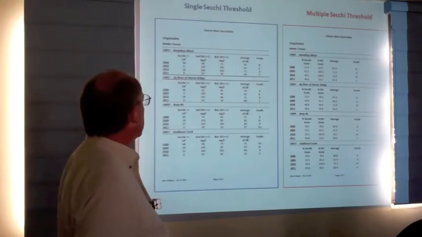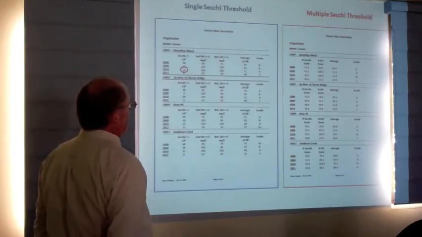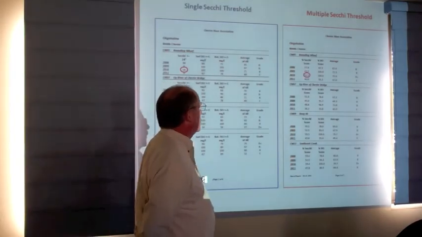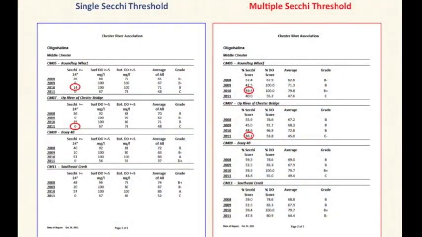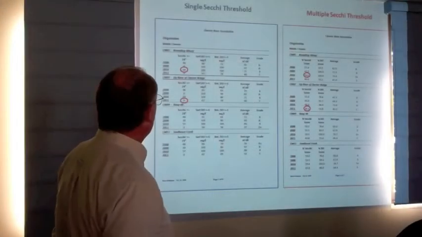That 14% now turns into a score of 59.5. The 0 comes into a 36.2. But it gives a better assessment of the actual condition of the water as opposed to just the fact that it failed.